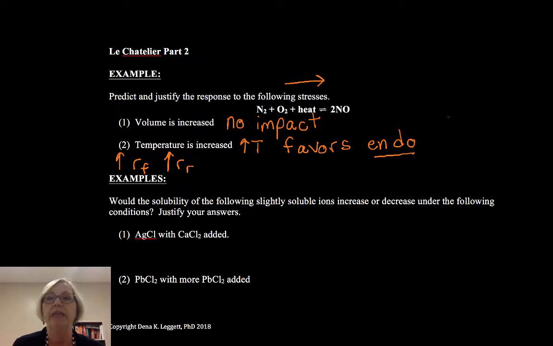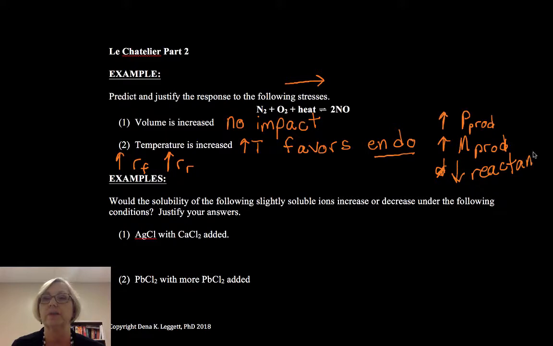So what will happen here is we are going to increase our partial pressure of product, or increase the molarity of product. And the only way we can do that is to consume reactant. So we're going to decrease our reactant, either molarity or partial pressures.